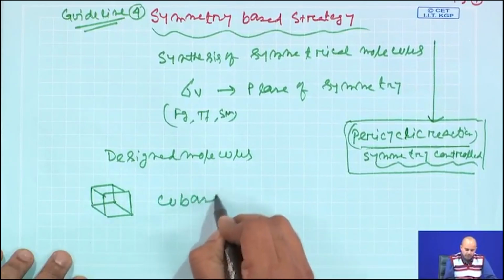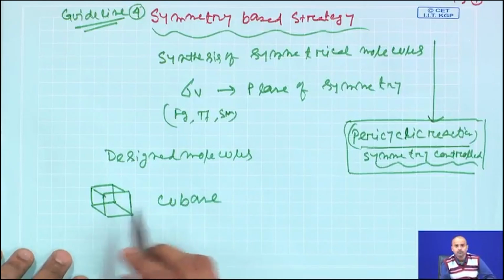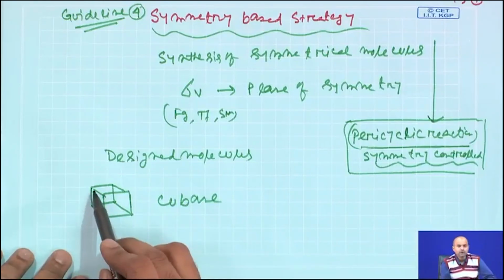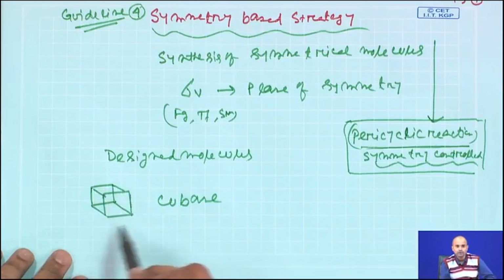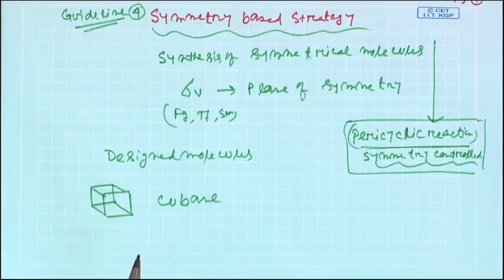This molecule is a hydrocarbon, it has only carbon and hydrogen. As it looks like a cube, it is called cubane. This is a designed molecule, and this kind of molecule can also be synthesized with our standard knowledge of retrosynthetic disconnection.